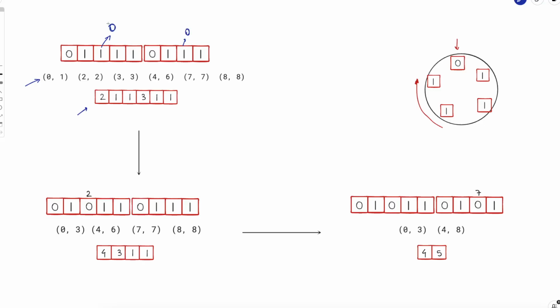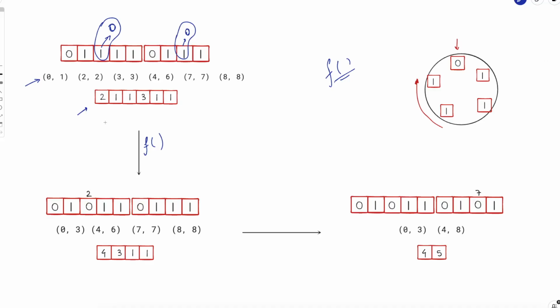So first we will change this to 0, and then we will call the exact same function. Let's say you wrote a function f for update, so you will call this function for this particular index, and then you will call the same function for this index as well, right? So let's say this is your function f transformation. So first we call the function for index 2, we change this to 0.